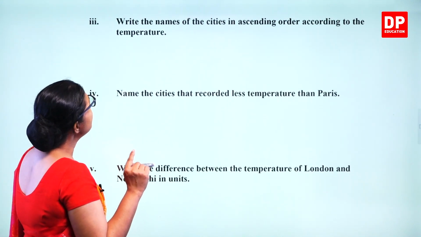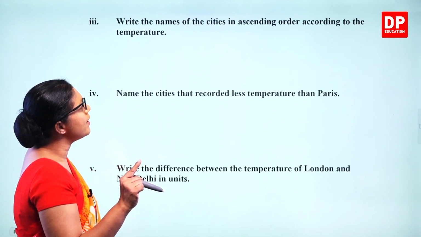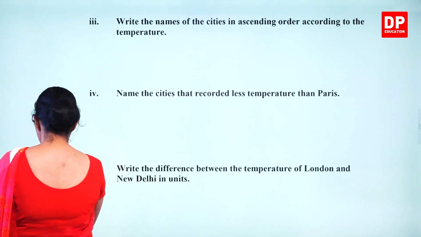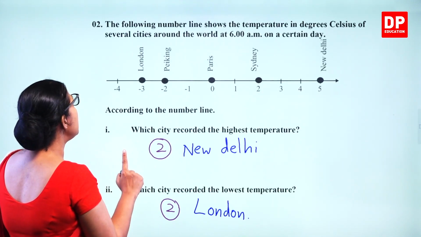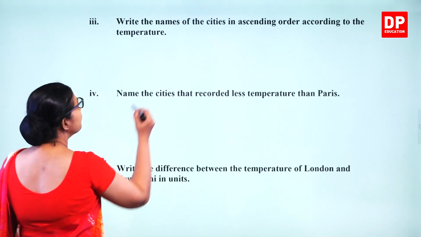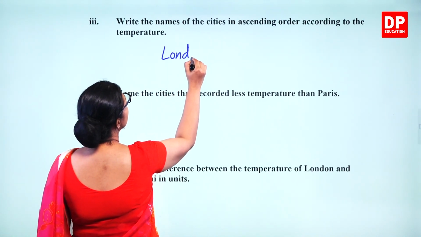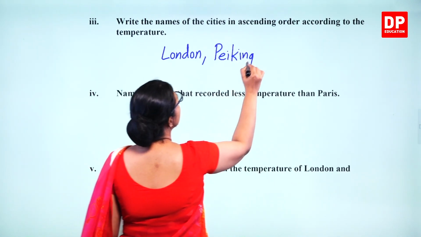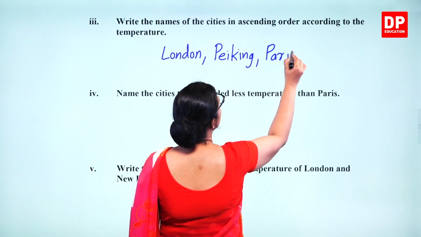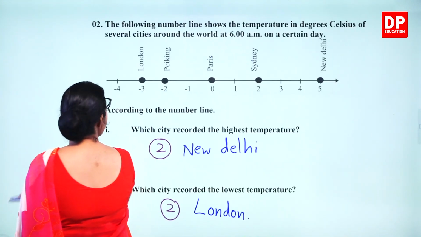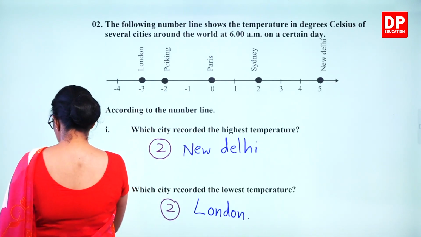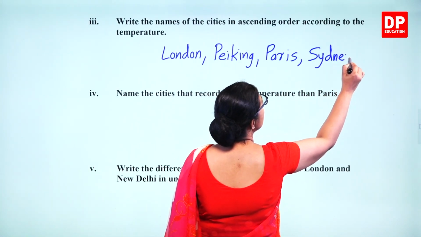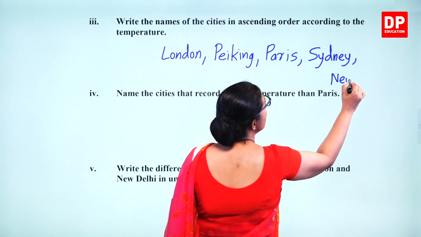Part 3. Write the names of the cities in ascending order according to the temperature. Ascending means lowest to highest. London, Peking, Paris, and then Sydney, New Delhi.